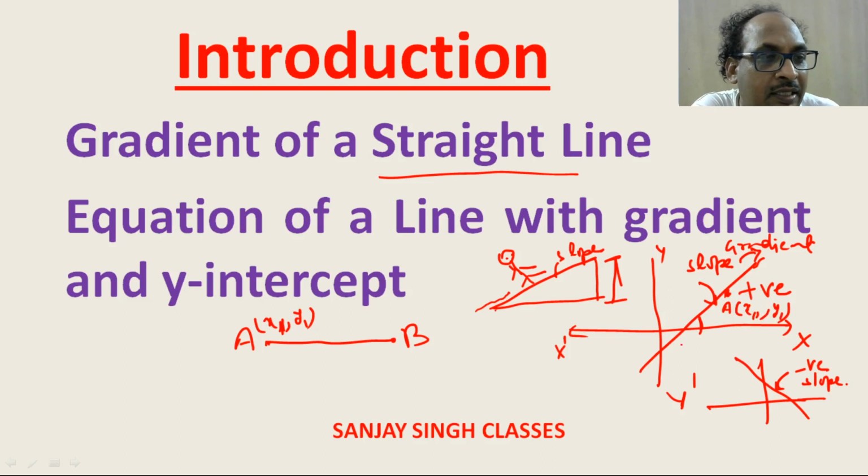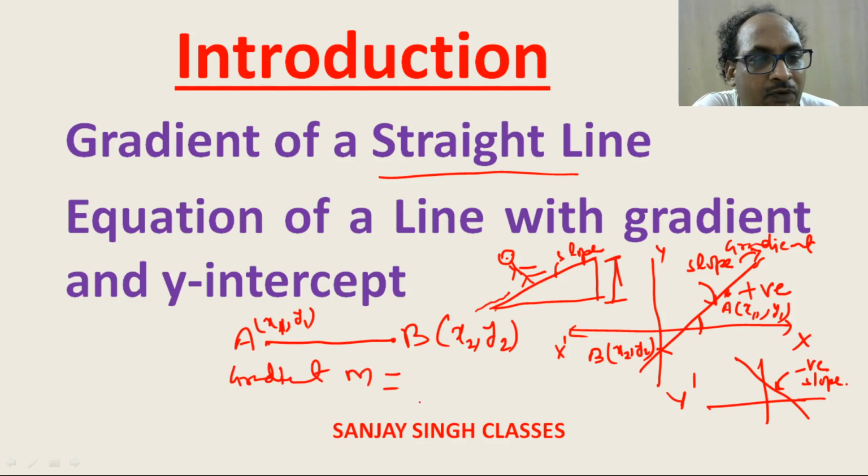Similarly, this point is B, x2 and y2. If any 2 points having coordinates x1, y1 and x2, y2 are joined by a line, then the gradient of this line, that is m, will be equal to y2 minus y1 by x2 minus x1.